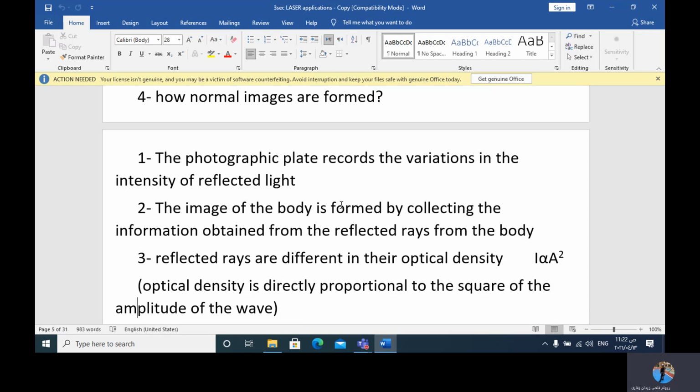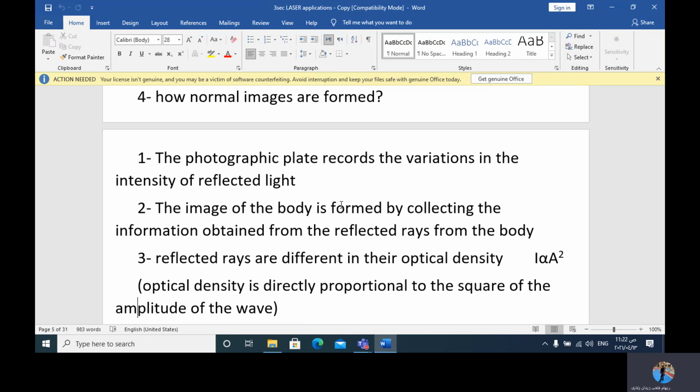The reflected rays are different in their optical density. Now, what we mean by optical density is how the light differs in its intensity, or how illumination varies between rays coming out from the object.